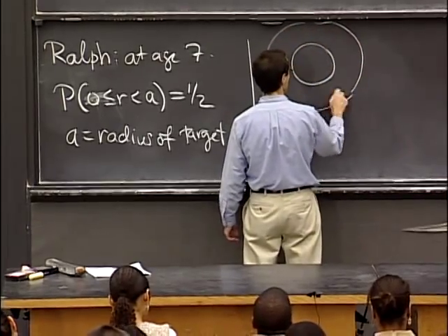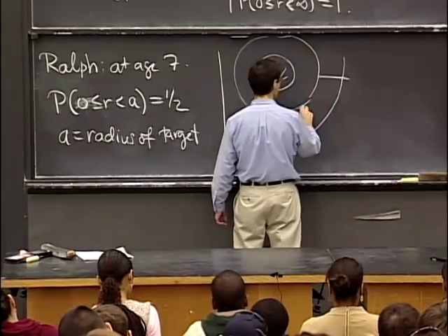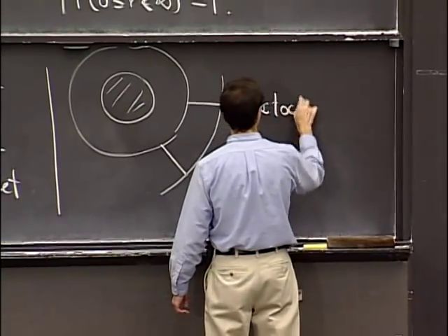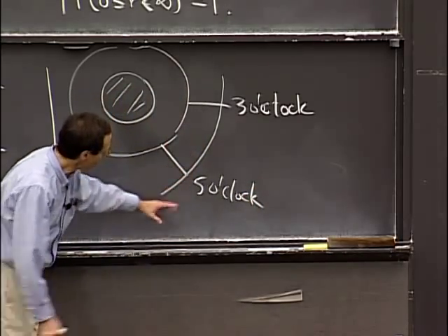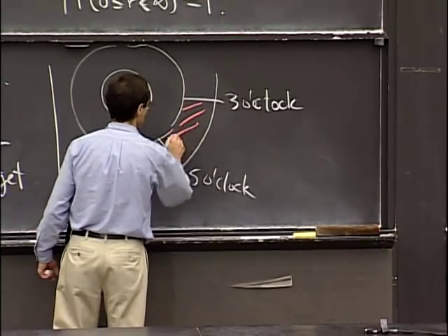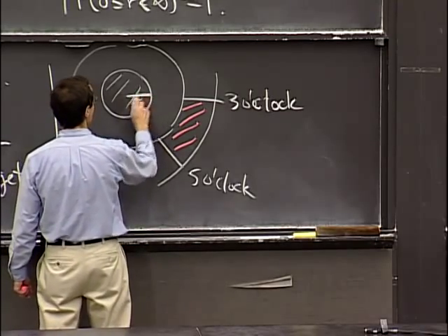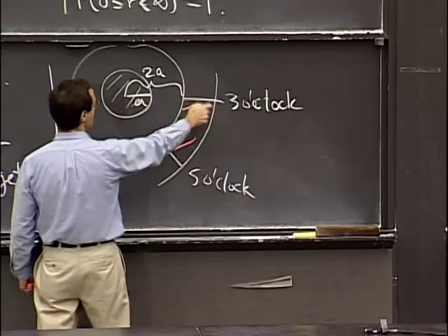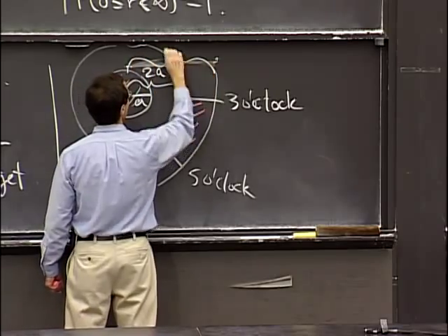We're going to imagine the target is here, and the kid is standing between 3 o'clock and 5 o'clock. There's more of him, but it's lower down and maybe negligible here. So this section is the chunk that we want to see about. This is A, this distance here is 2A, and the longest distance here is 3A.